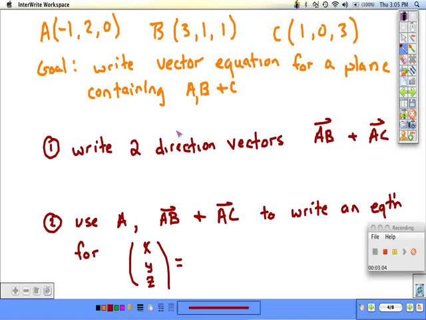Here we have 3 points, A, B, and C. We want to write a vector equation for the plane that contains these points. We're going to start by writing down any two direction vectors that we want. I'm going to pick AB and AC.